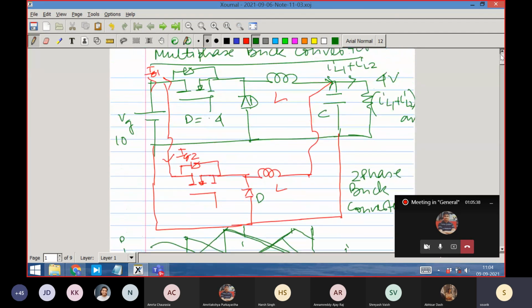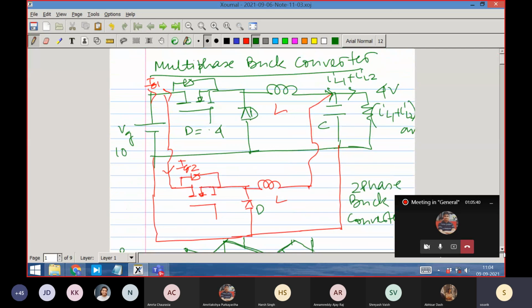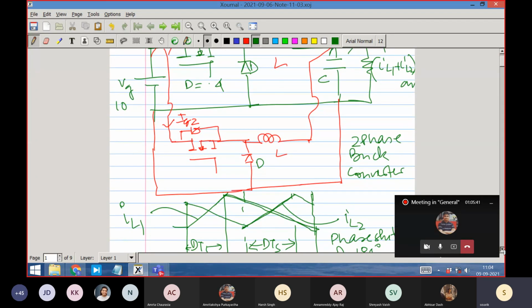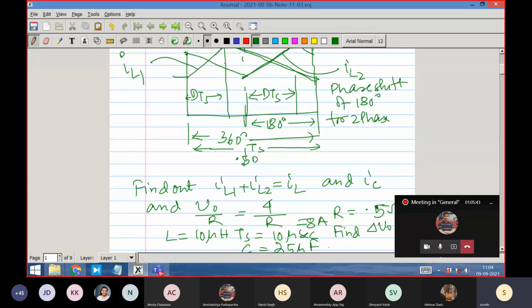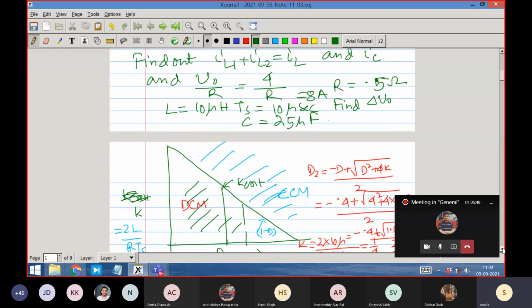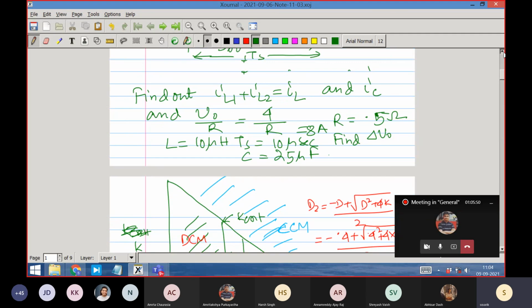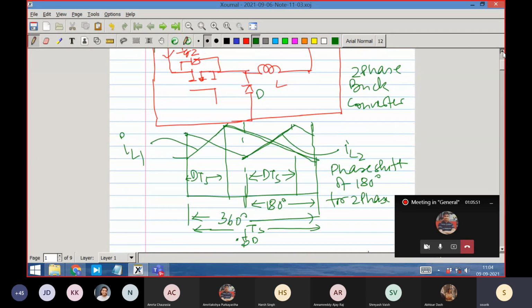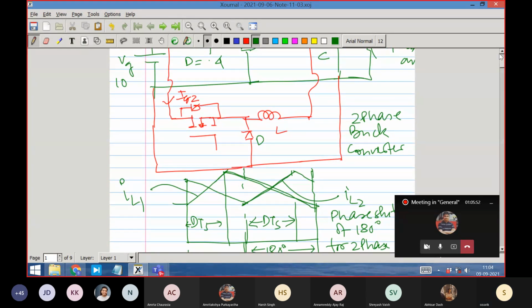If both of them are switched at the same instant without any phase shift, what would have been the delta V naught? If there is a phase shifted converter and a non phase shifted converter, what is the difference? Please find out. Compare delta V naught with respect to no phase shift.